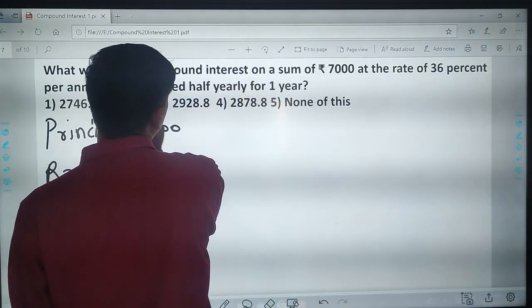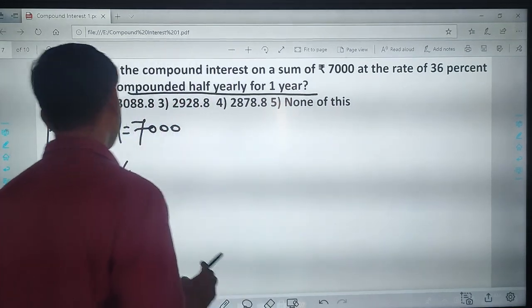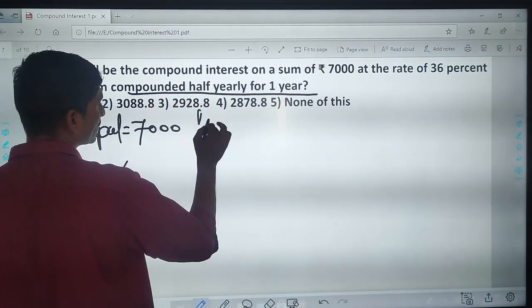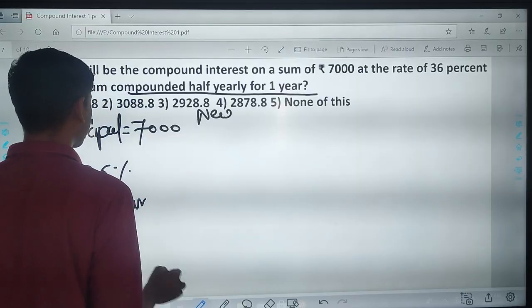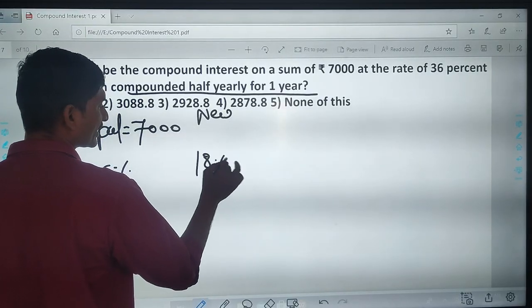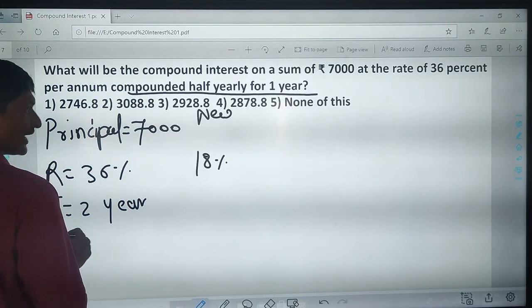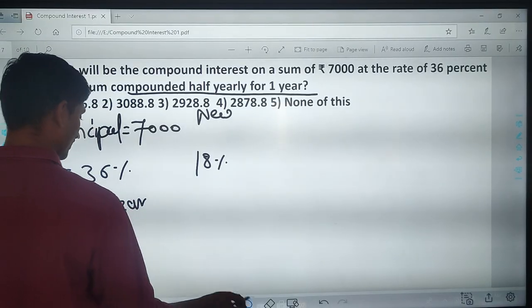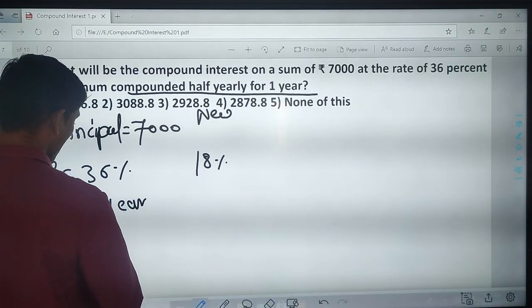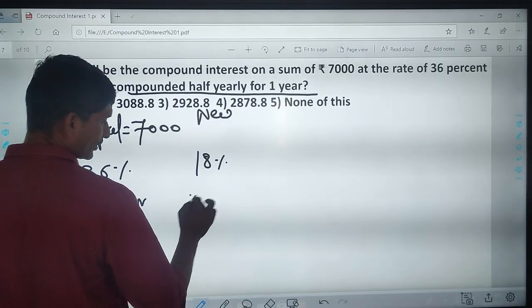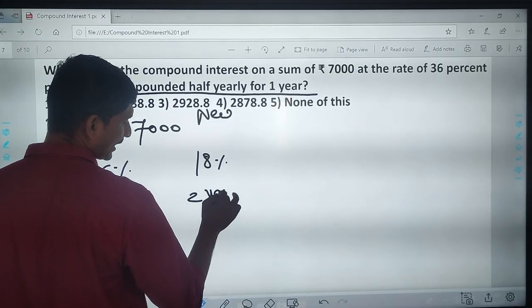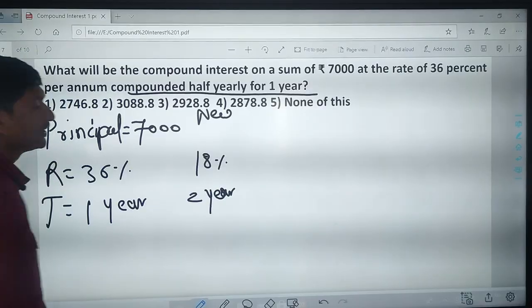Compounded half yearly for 1 year, then your new interest rate is 18%, and years are 1 into 2. There are 2 years, and rate of interest is 18%.